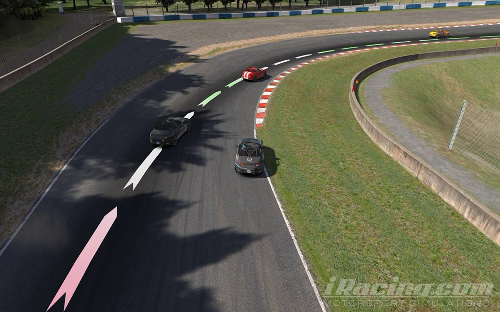Now at this point, it looks like from this perspective that the trailing car has gained position on the leading car, in that the nose of the trailing car has reached the rear axle of the leading car. But I really don't know if the software would be able to give any heads up to the leading car at this point, since there's so much separation between the two cars.